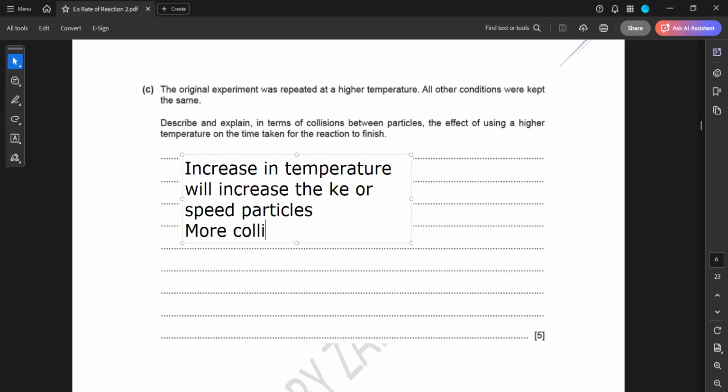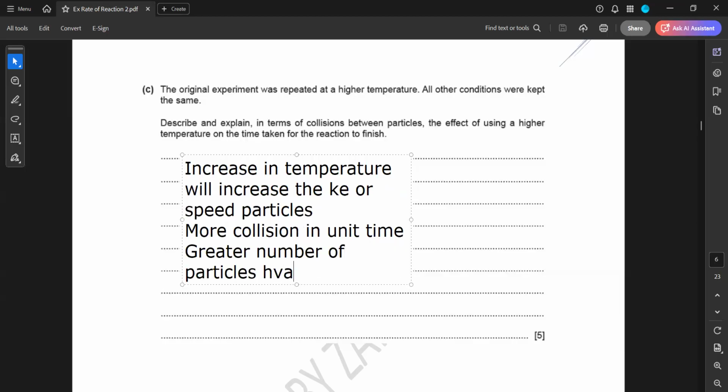So more collisions in unit time, and a greater number of the particles have energy more than activation energy.